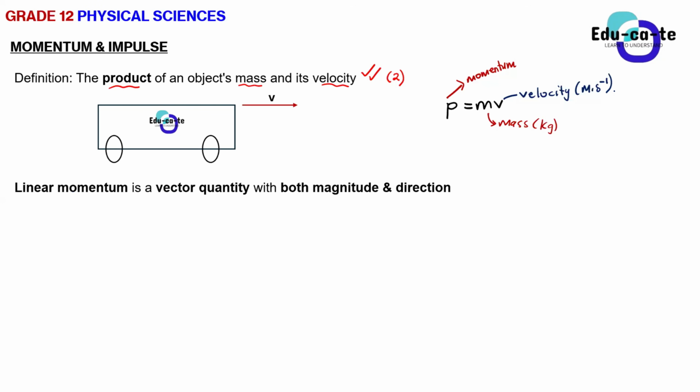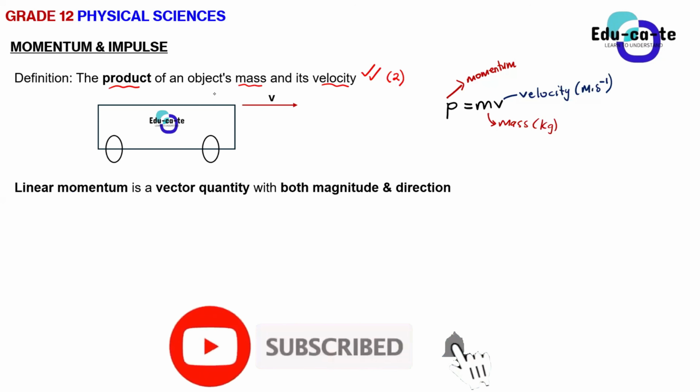Here in grade 12, you do linear momentum. You don't do any other momentum. Whenever I say linear momentum, I will just say momentum. Don't be surprised when you see linear momentum; I'm still talking about the same momentum, the product of an object's mass and its velocity. Is that clear, guys?